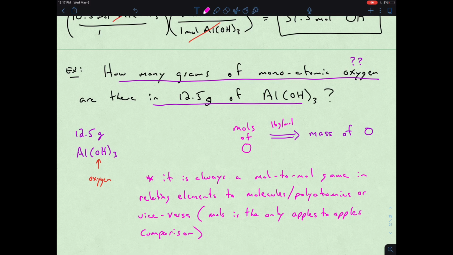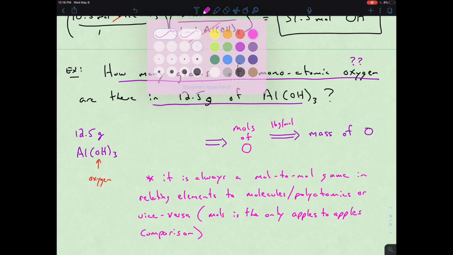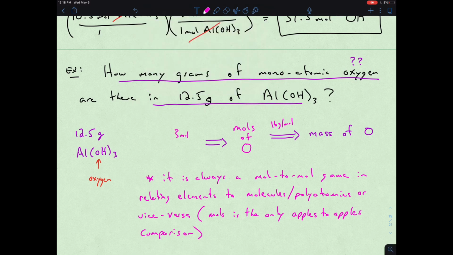And so now it's like, okay, well, how do I get at moles of oxygen from maybe this molecule? Well, now that's just looking at the formula, right? That's what we just did, right? As far as that, well, there's 3 moles of oxygen for every 1 mole of the aluminum hydroxide.